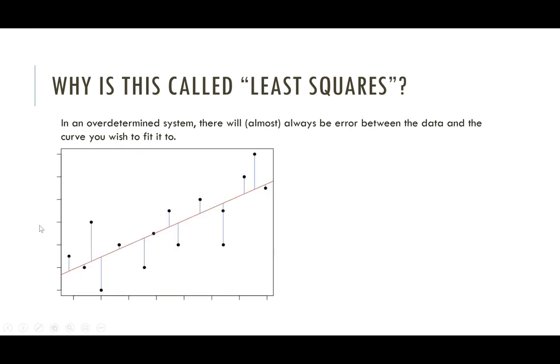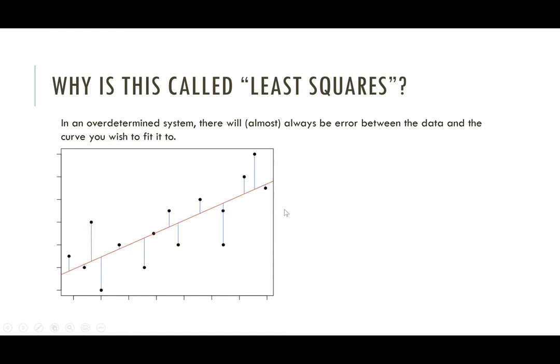So in finding the line of best fit, say you've got some scatter plot of the data and some line that you want to fit to it. Well, no single line is going to hit all these points. So no matter what line you pick, there's going to be this error. I'm considering the error to be the distance between the data point you have and the function value at that point. And so you have all of these errors.